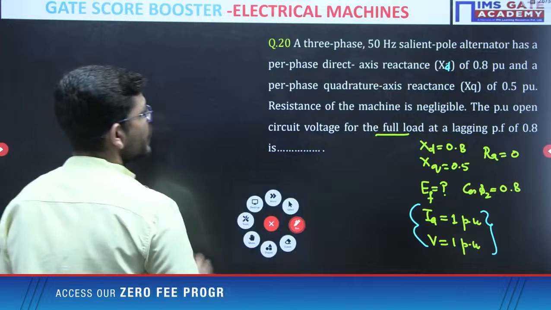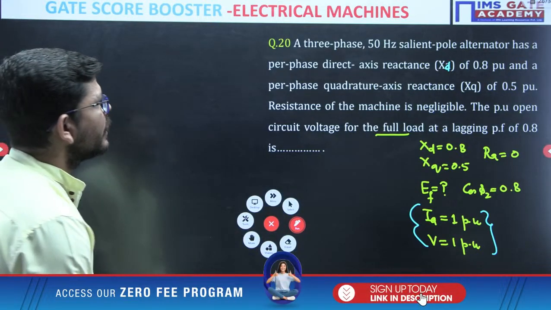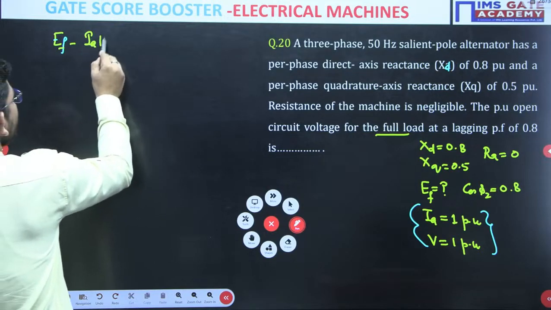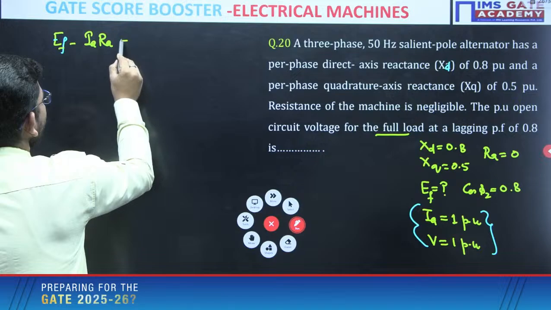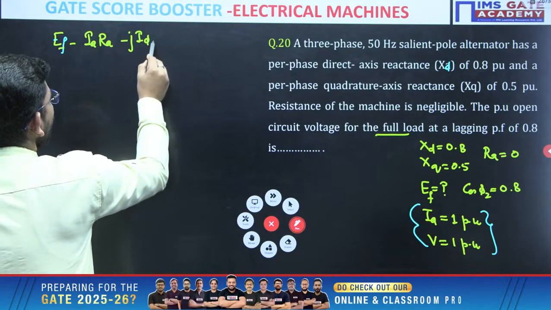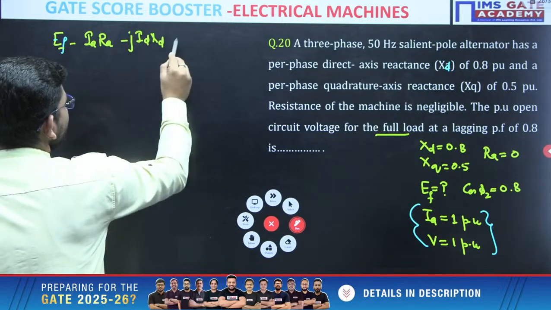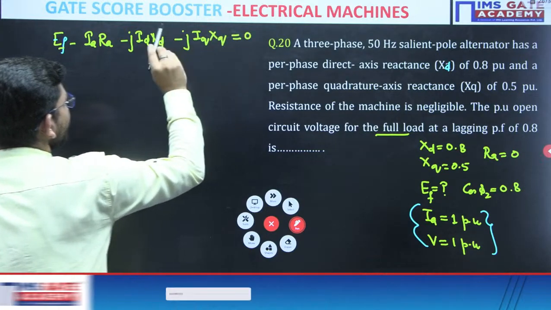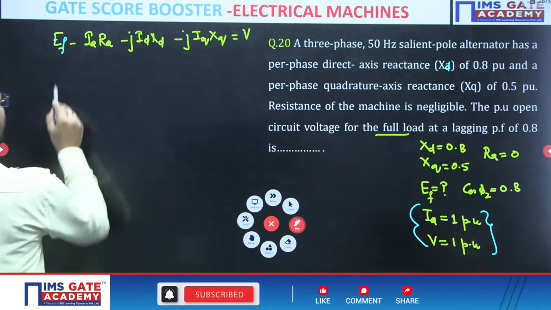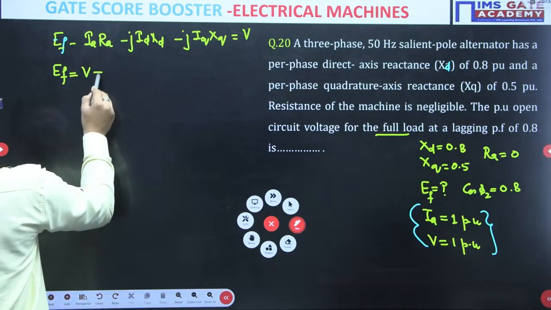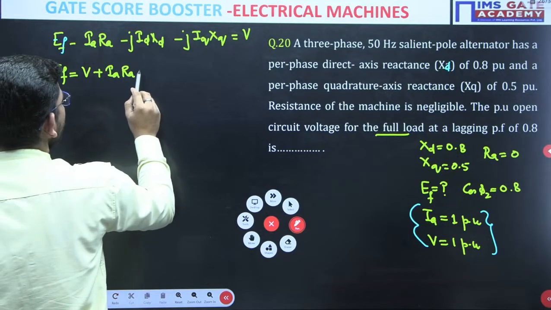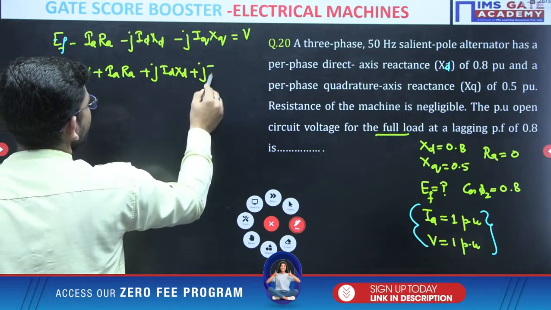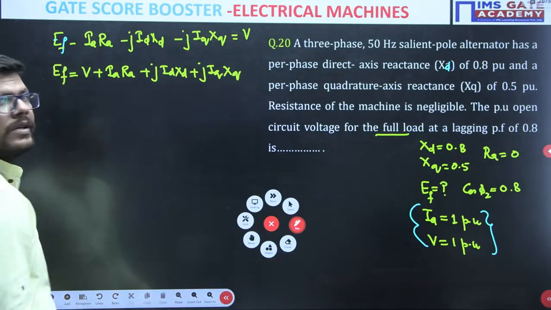So how to do this question? We are talking about an alternator. The alternator will generate the voltage EF, then there will be a drop in the armature resistance, then a drop related to the direct axis reactance, then a drop related to the quadrature axis reactance, and this is how our KVL equation will be completed, and finally we will get V. Or I can write EF equals V plus IA RA plus J ID XD plus J IQ XQ, correct?